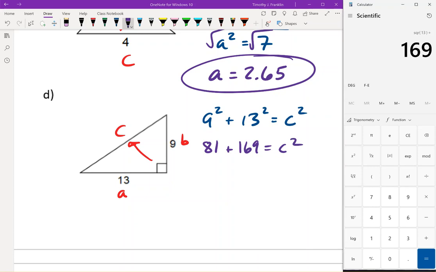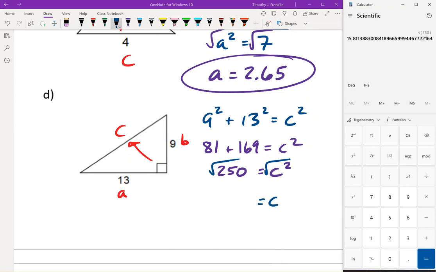And if you add those up, it equals 250. Now just take the square root. And the square root of 250 is 15 point, bunch of numbers. So 15.81. We can round it there because the next digit is less than 5, so we leave it alone.